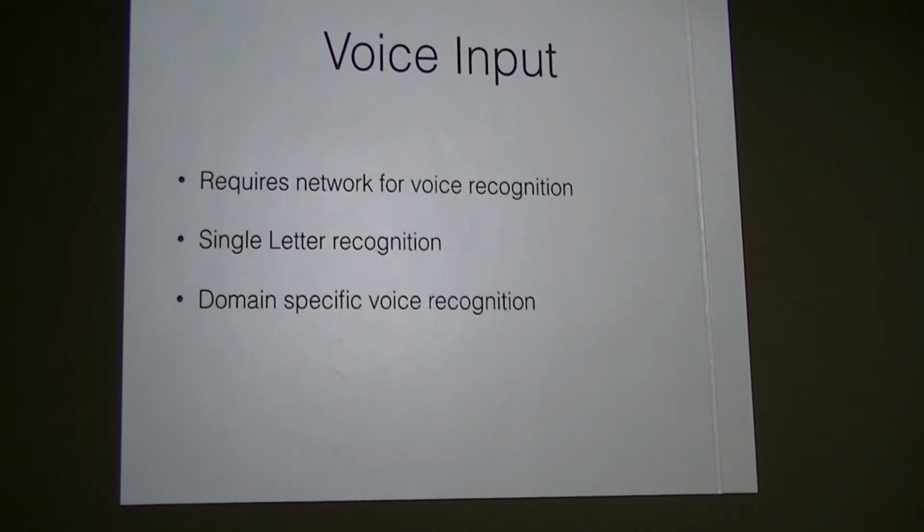It does a pretty good job at recognizing C major, G major, but whenever I say A major or E major, it goes foobar. So that brings me to domain-specific voice recognition. I know my application is a music-related application.